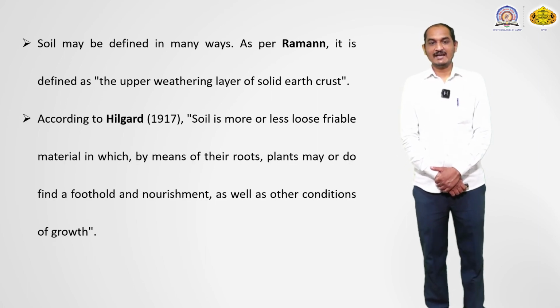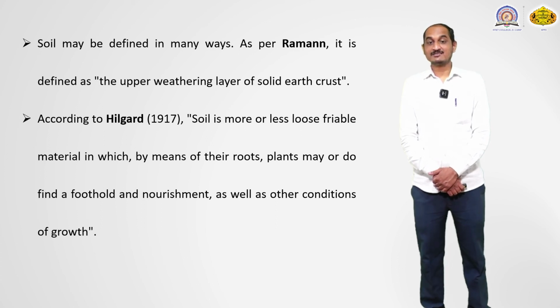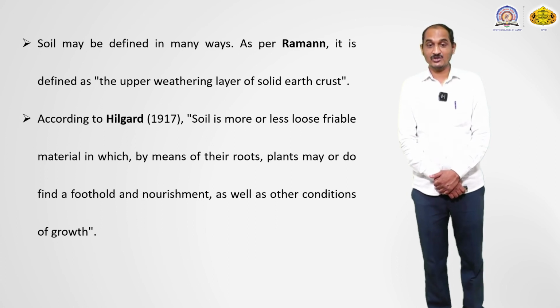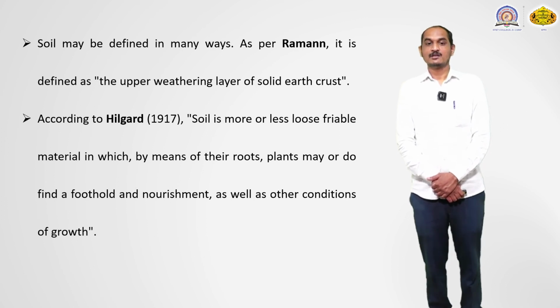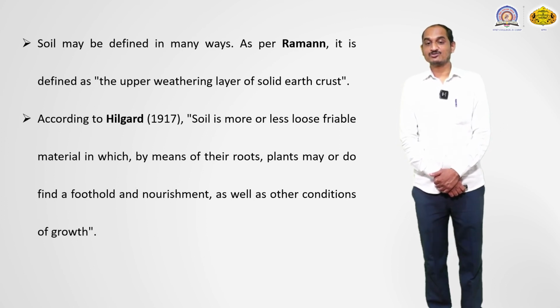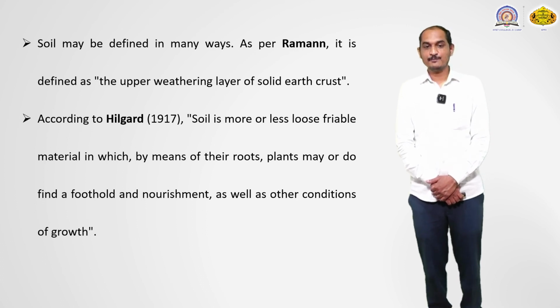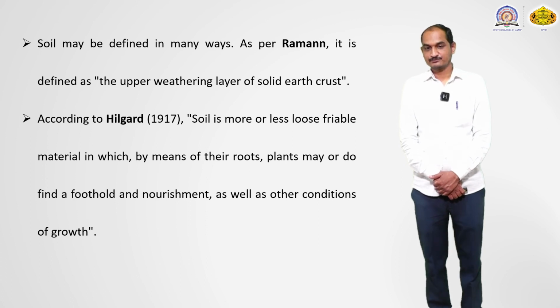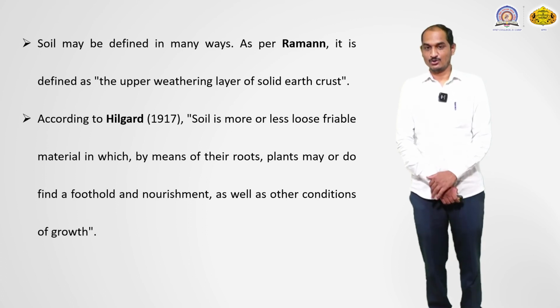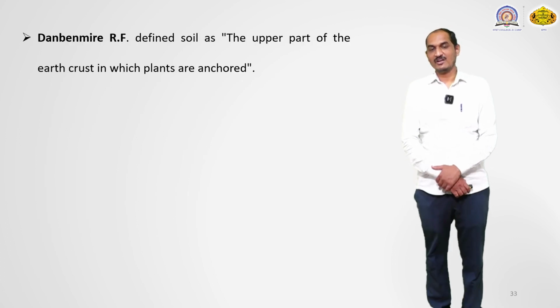Another scientist, Hilgard, in 1917 defined soil as a more or less loose friable material in which, by means of their roots, plants may find a foothold and nourishment, as well as other conditions of growth. These are some definitions.